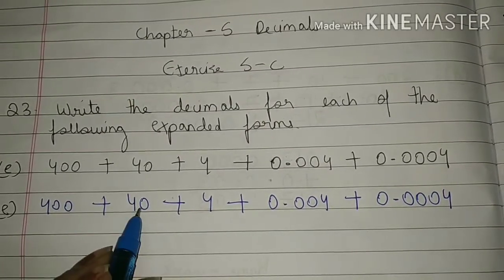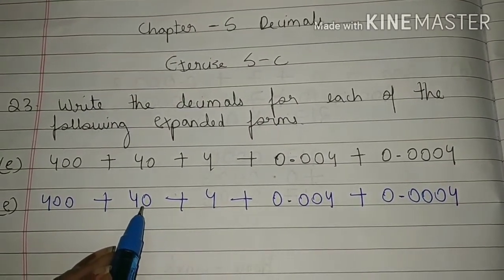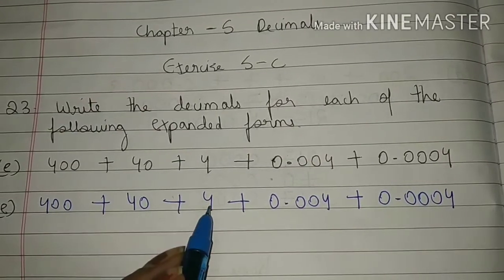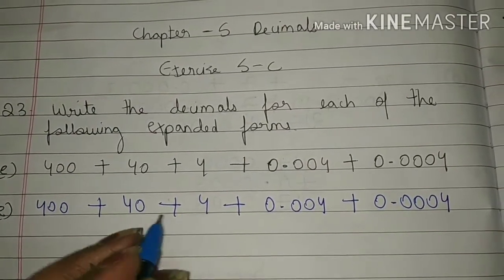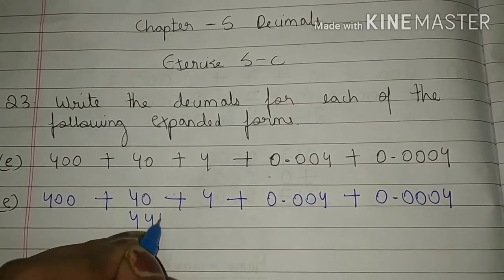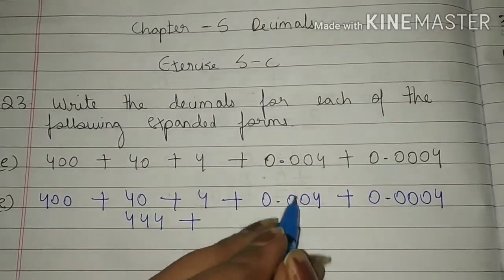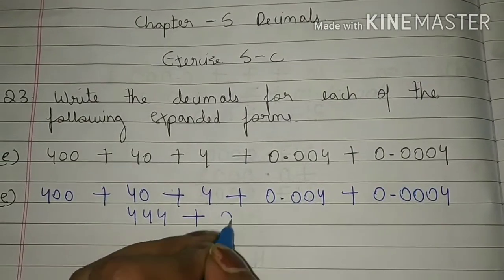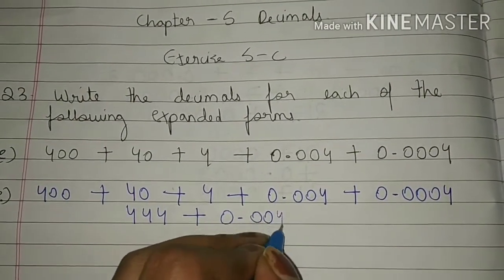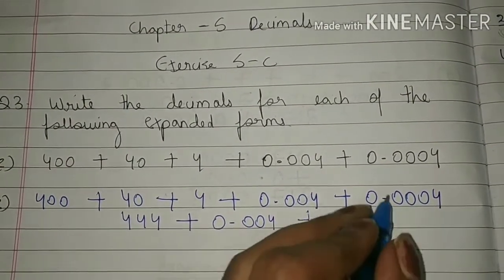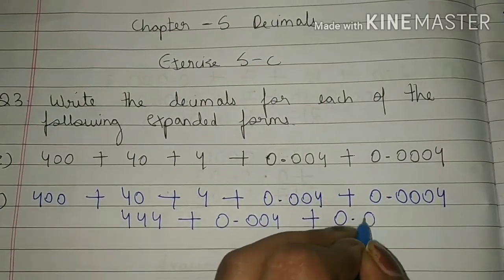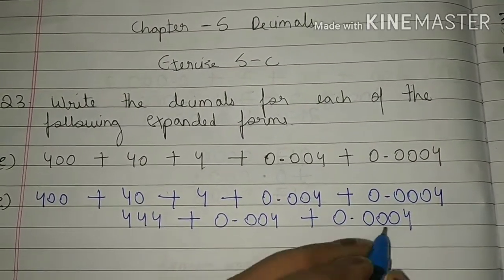Now students, we will add these numbers. 400 plus 40 is equal to 440, plus 4 is equal to 444, plus 0.004, plus 0.0004.